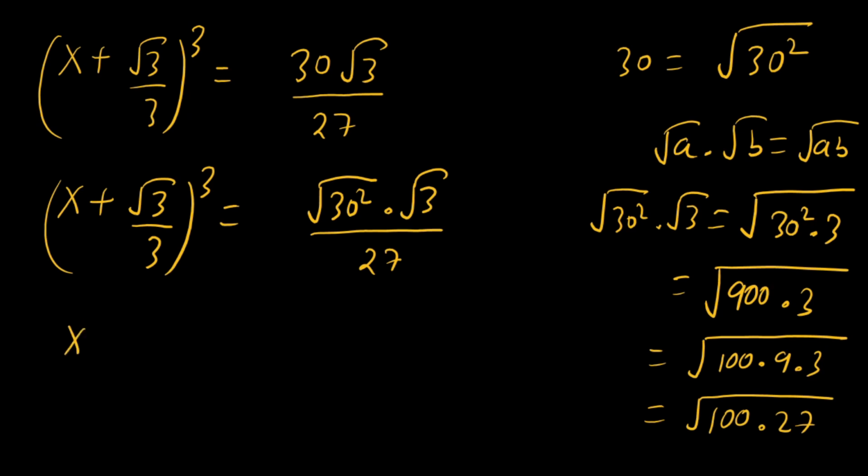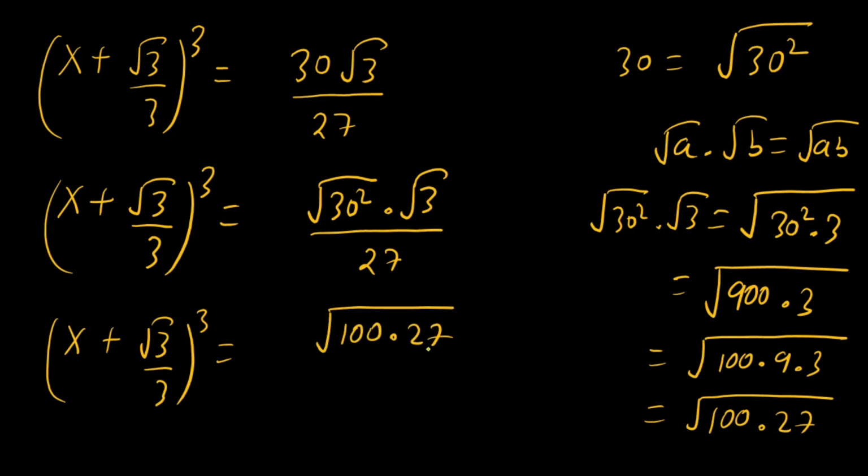Now on the left hand side (x + √3/3)³ is equal to, this numerator is the same as √(100 times 27) over 27.